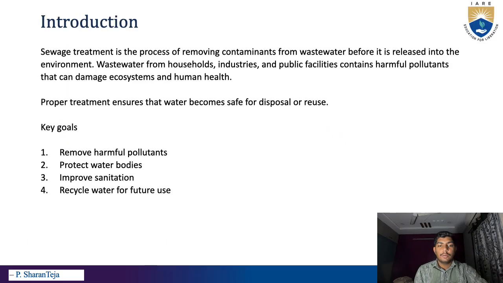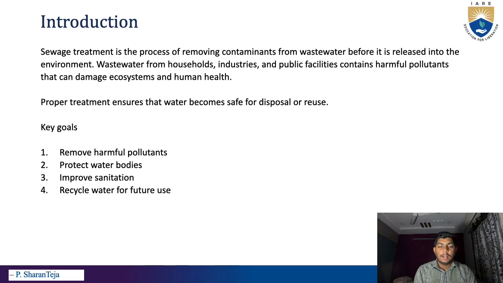Introduction. Sewage treatment is a process of removing contaminants from wastewater before it is released into the environment. Wastewater comes from different sources like homes, industries, hospitals, and public places. This wastewater contains organic waste, harmful chemicals, bacteria, and viruses.